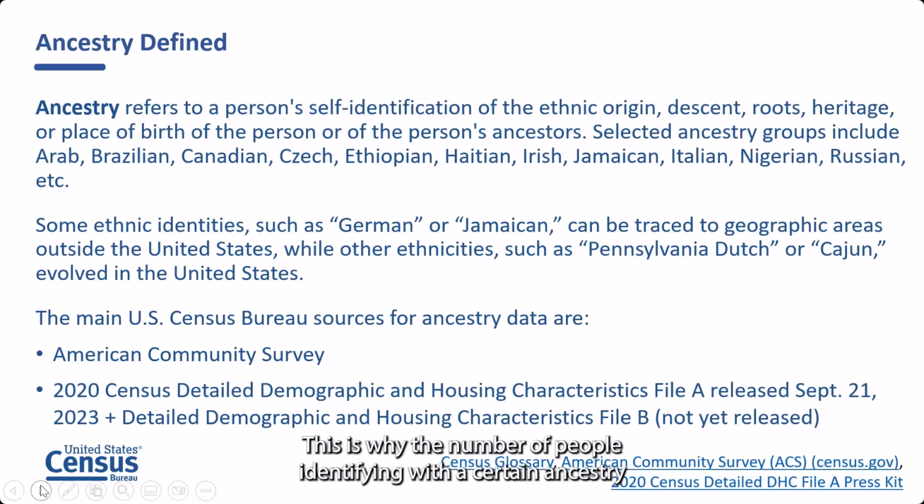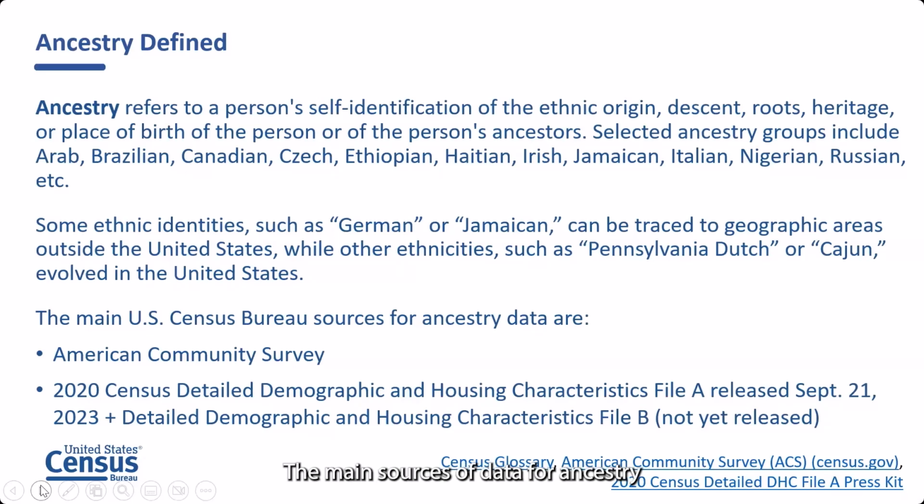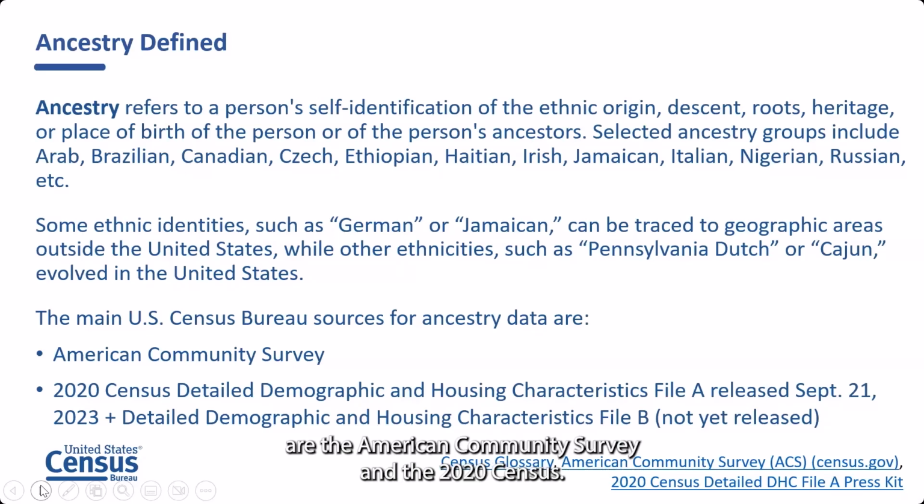This is why the number of people identifying with a certain ancestry is usually larger than the number who were born in that country. The main sources of data for ancestry are the American Community Survey and the 2020 Census Detailed Demographic and Housing Characteristics File A, released today, and the forthcoming Detailed Demographic and Housing Characteristics File B.